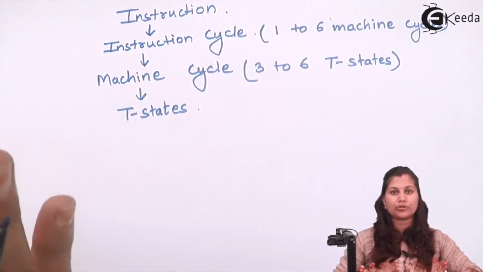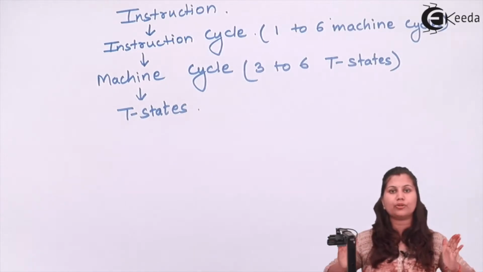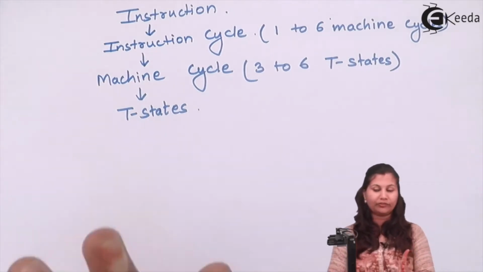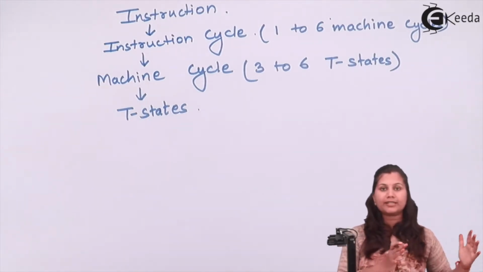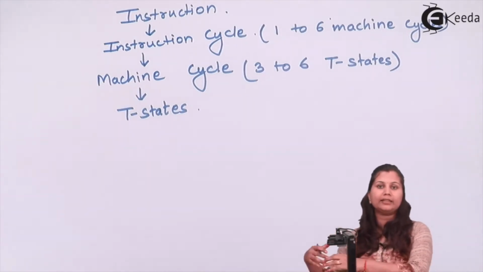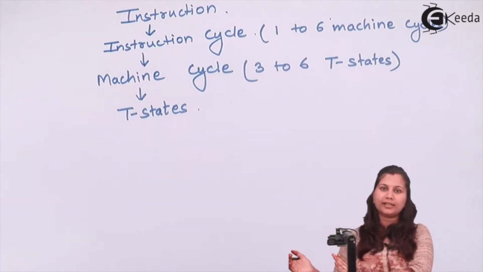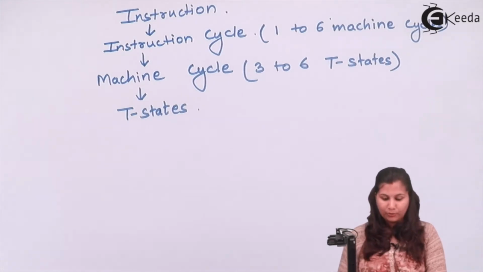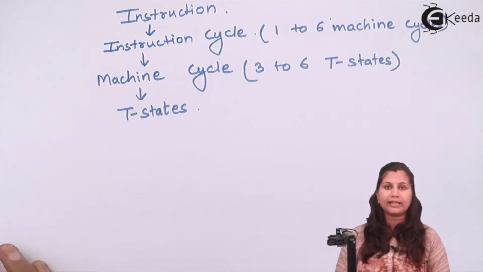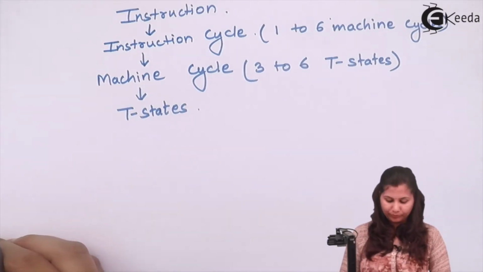So the complete execution of an instruction in the microprocessor is divided into various cycles. First is the instruction cycle, then we have machine cycles, and in the machine cycle we have various T states. So now we are going to study the various machine cycles which are in the 8085.